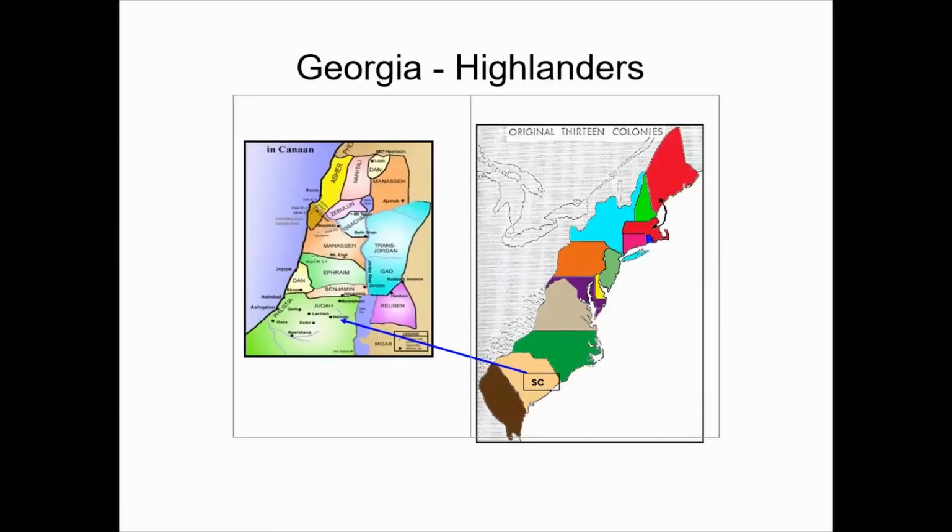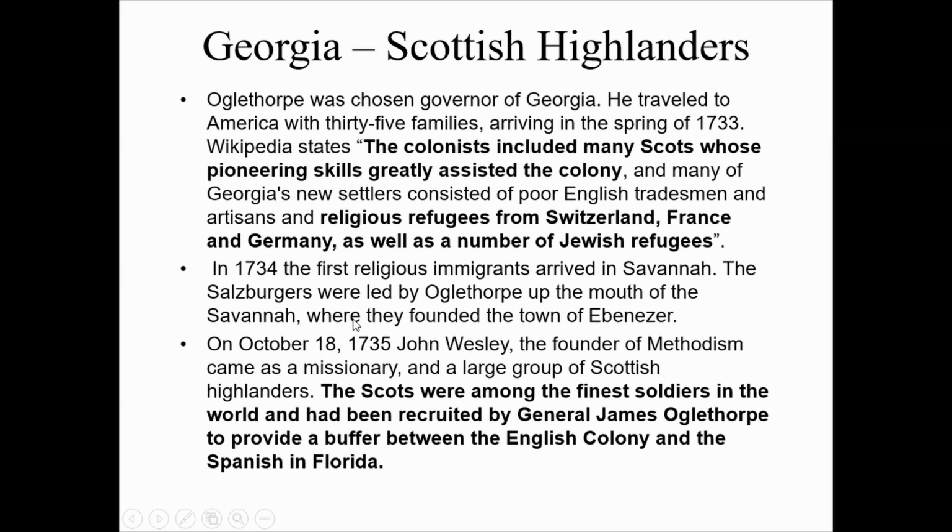Now, Georgia would have been settled also by the Highlanders. You see this whole area here. They actually brought in and hired mercenaries out of Scotland to live along the edge of Georgia to keep the Spanish out of the area of the 13 colonies. Oglethorpe was chosen to be the governor of Georgia.